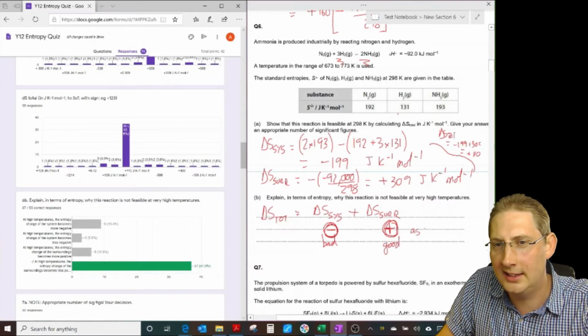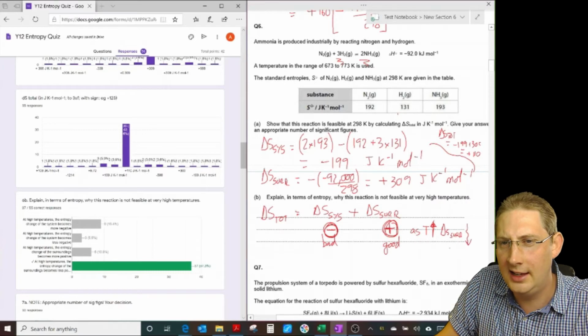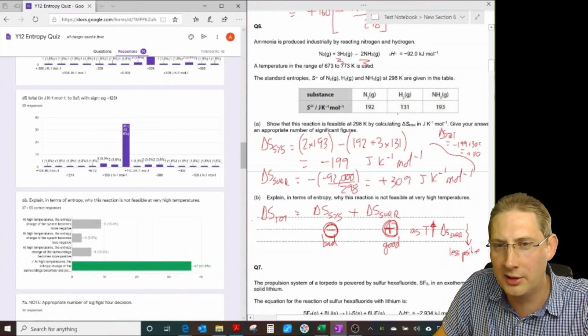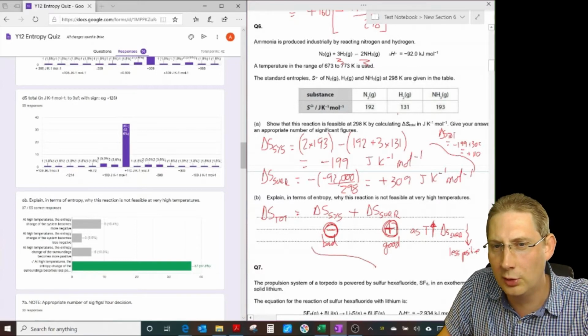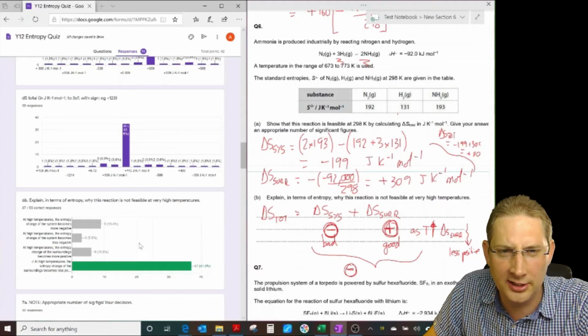But as the temperature goes up, delta S surroundings gets smaller, less positive, until eventually the plus is smaller than the minus and the overall thing becomes negative. So which of those answers matches?